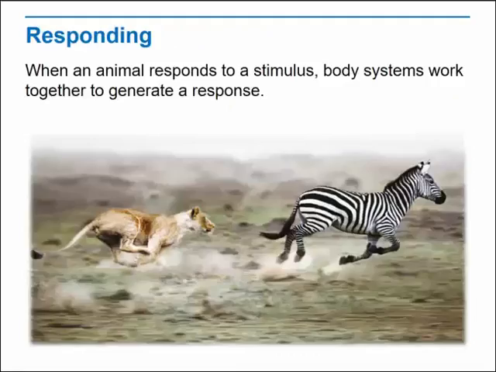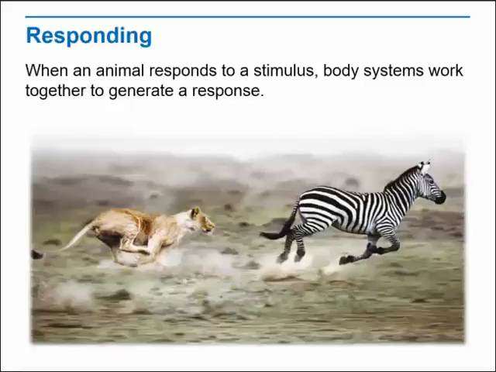A specific reaction to a stimulus is called a response. When an animal responds to a stimulus, body systems, including the nervous system and the muscular system, work together to generate a response. Responses to many stimuli are directed by the nervous system. However, those responses are usually carried out by cells or tissues that are not nerve cells.